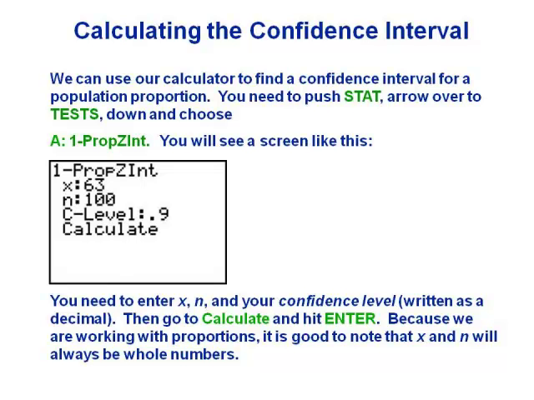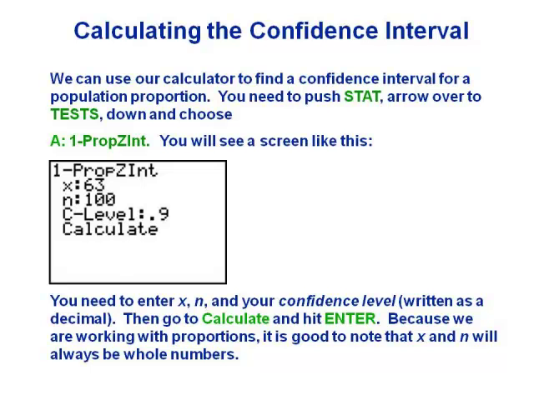That's a 1 proportion z interval, which is what we need to find because we're doing confidence intervals on a proportion. It will call up this screen that you're looking at, and it's nice because the screen actually walks you through what you need to tell the calculator.